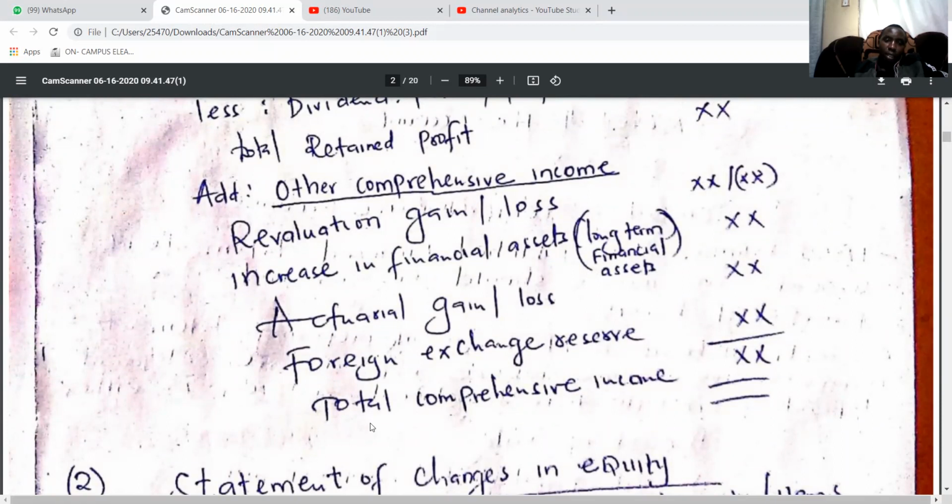Then foreign exchange reserve. But mostly, according to your level, what you can find under other comprehensive income is this revaluation gain. Most of the questions I will do, what you will come across is this revaluation gain or loss of long-term tangible assets.